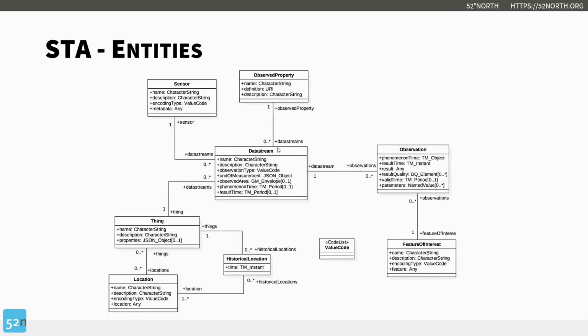Each data stream comprises then the observations. Observations can be streamed on that data stream, and our thing, that could be, for example, a certain device which has an attached sensor that can also be placed at different locations, and we can express the historical locations here of our thing. But the important thing is, remember, in STA we have so-called data streams as the core set for defining our data sets which contain the observations.